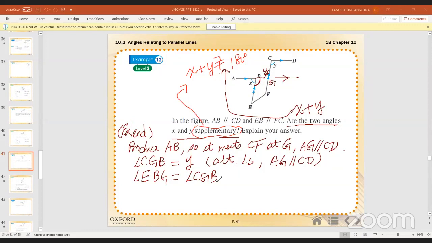Therefore, if you add this, it is very clear. I'm talking about EBG and this part, CGB. They are equal, but CGB also equals Y. And then here, we need to tell people why they are equal. They are also alternate angles. But I'm talking about another pair of parallel lines, which is EB and FC.